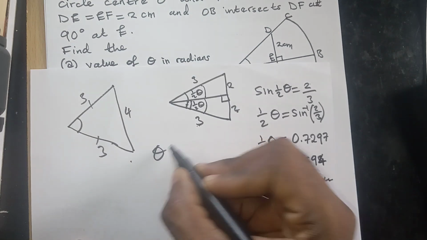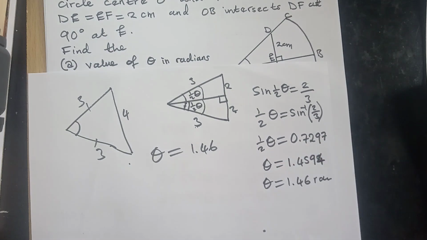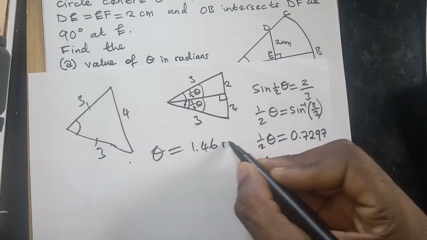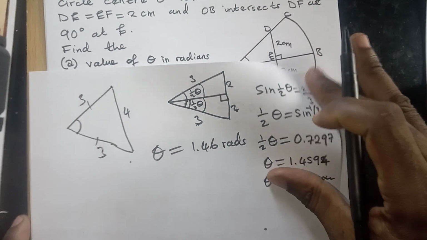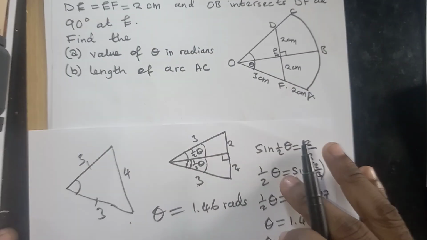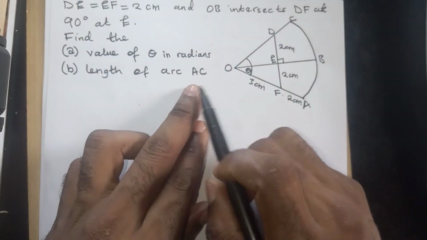So our theta is equal to 1.46 radians. So for radians, you can either say rads or don't put anything at all, or even the word in full. And then the length of arc AC.